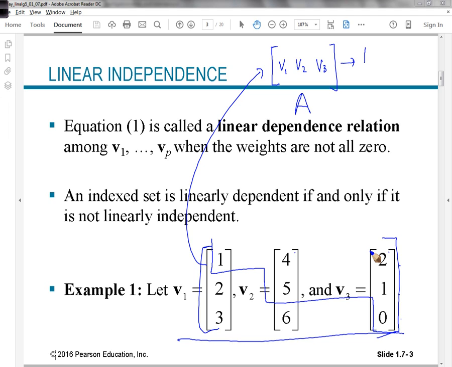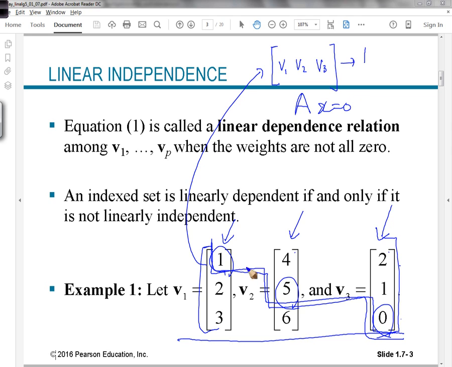In this case, as we add one vector at a time, each vector is not part of the span of the previous vectors. So every column has its own pivot. If the staircase turns out to be this shape, then in the case of the homogeneous linear system AX equals 0, it will have only the all-zeros solution. So in that case, those three vectors are linearly independent.